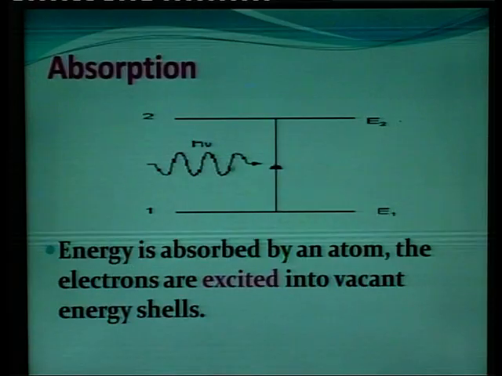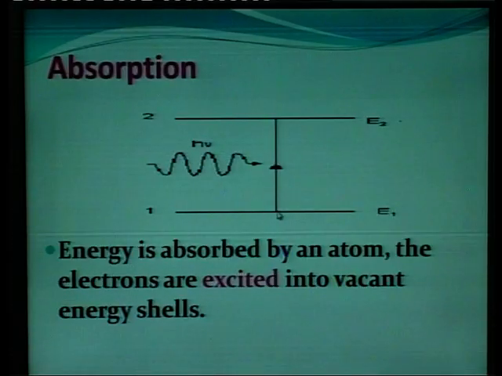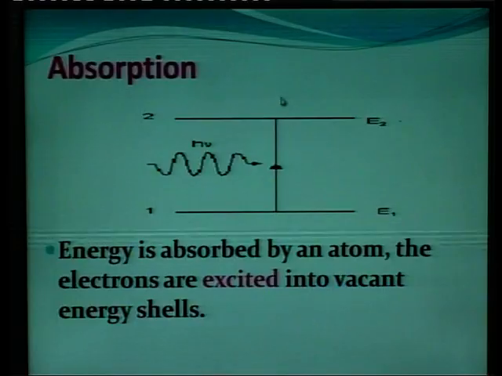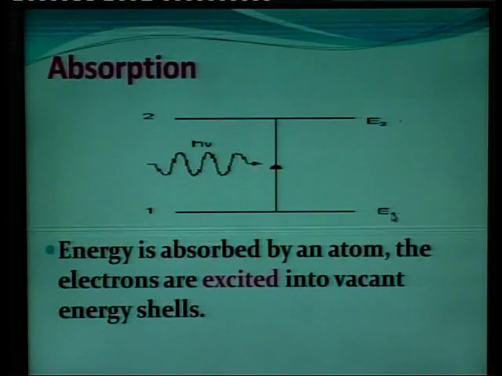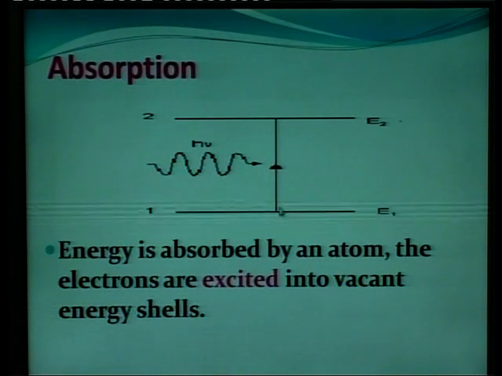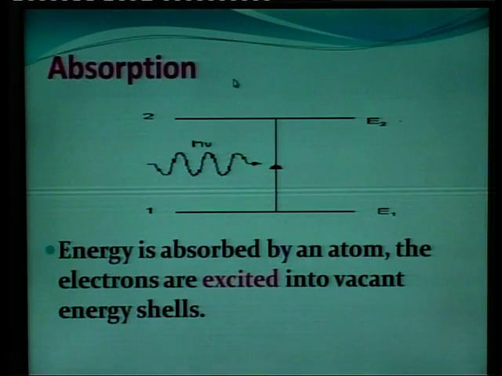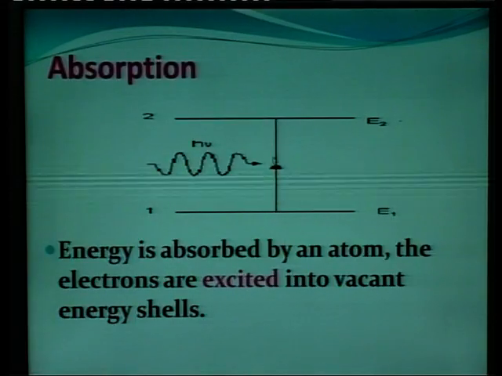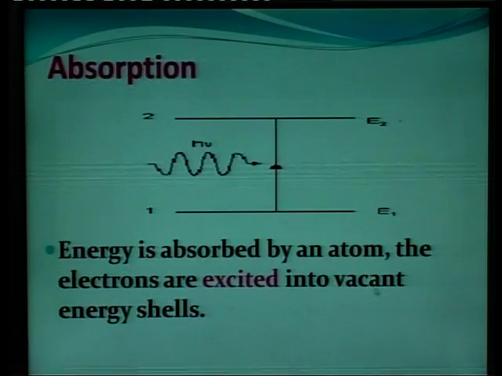By absorbing energy, the electron or the atom from the ground state can jump to the excited level. So E1 is ground state, E2 is first excited level say. Then by absorbing this photon h nu, the electron can jump from ground to excited state. So what do we mean by absorption? Absorption is, by absorbing energy, the atom or electron can jump to higher level. So energy is absorbed by an atom, the electrons are excited into vacant energy shells.